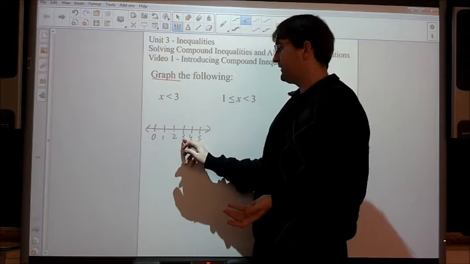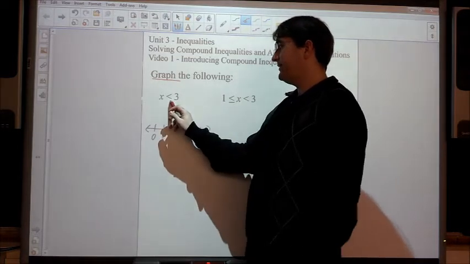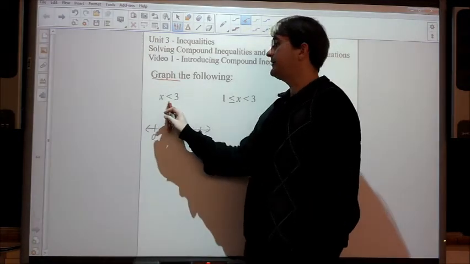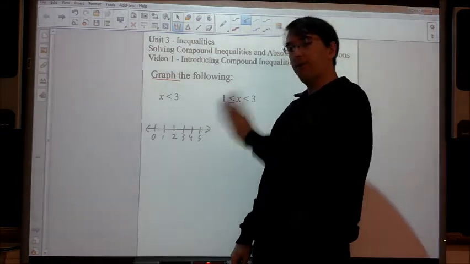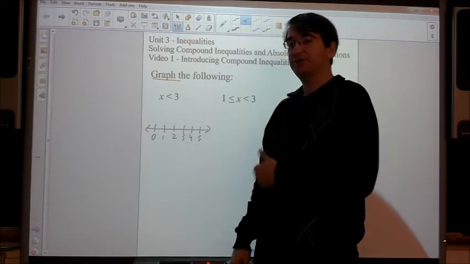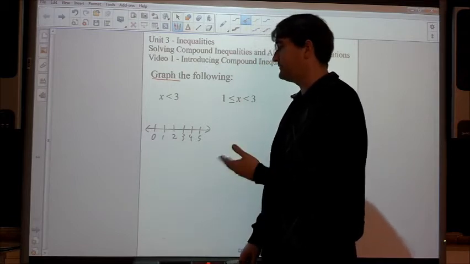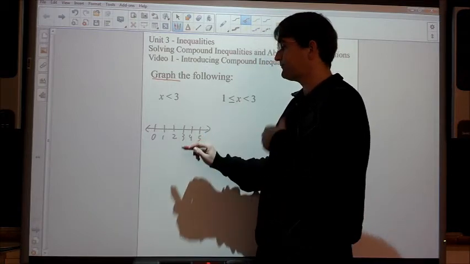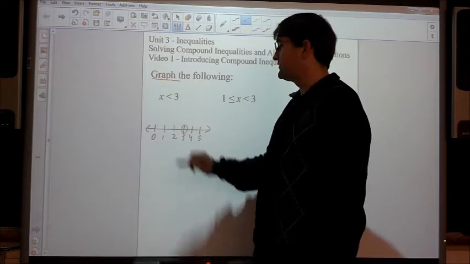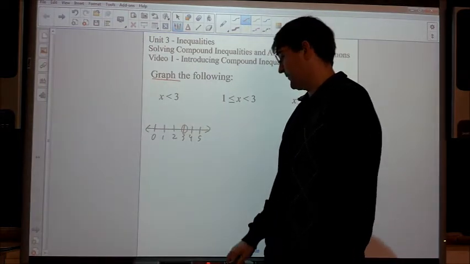And I have to show that not only is 3 the boundary, but it's a less than. It's not a less than or equal to. There's no little line underneath it. So I need to show that 3 is the edge of my graph, the boundary, but it doesn't actually include 3. So hopefully you remember how to do this. We do this by showing an open circle on the 3.